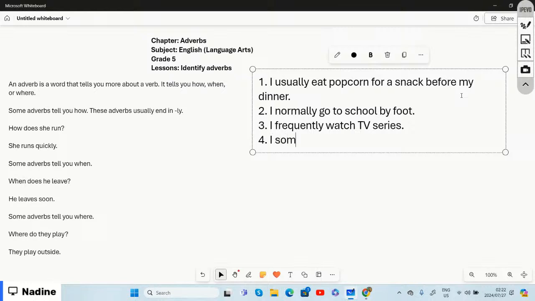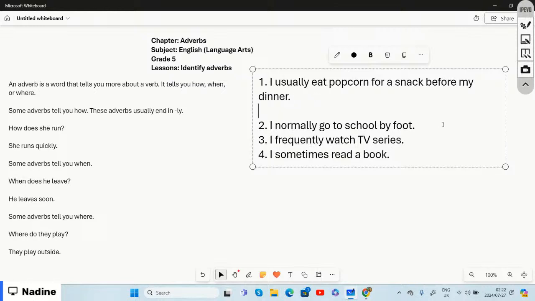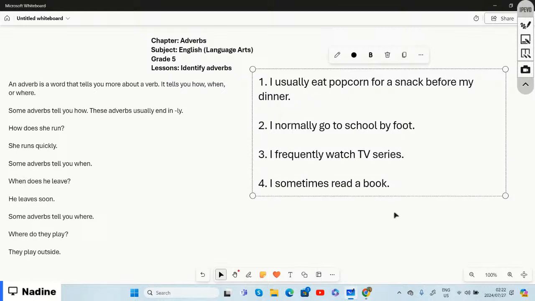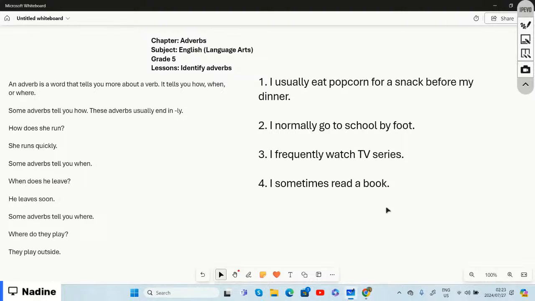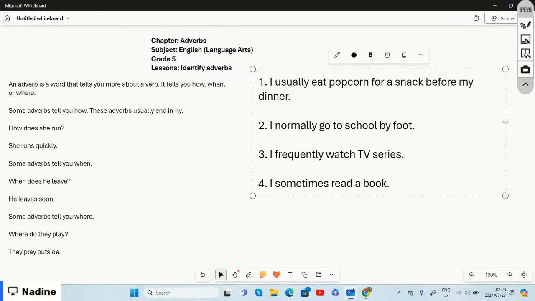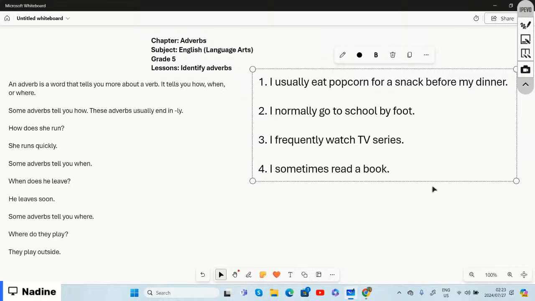And I sometimes read a book. So if we look at these four sentences, we are now going to underline the adverbs within the sentences.